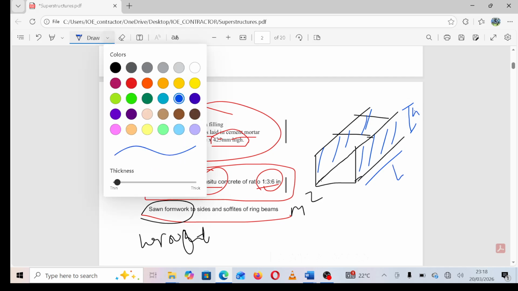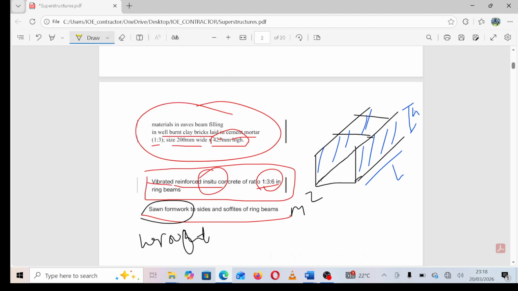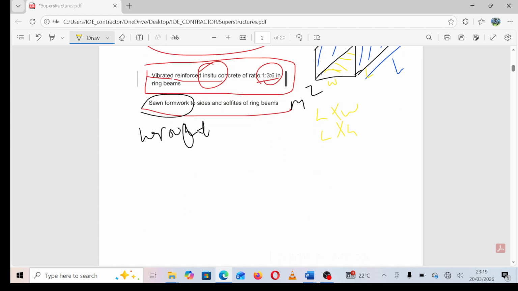Then we have formwork to the soffit. Now soffits are the base itself here, where it's the width and the length. So it's always length times width for the soffit, or length times height for the sides. So that is for formwork.